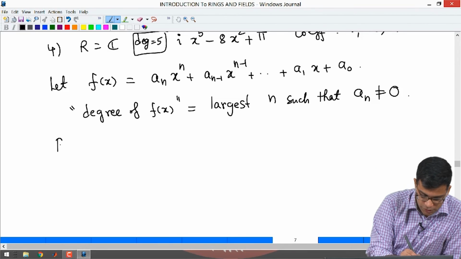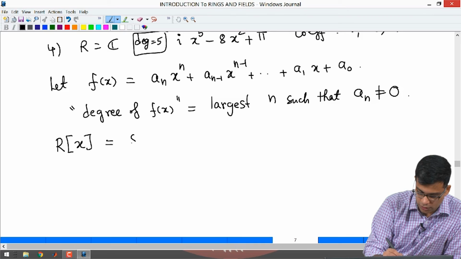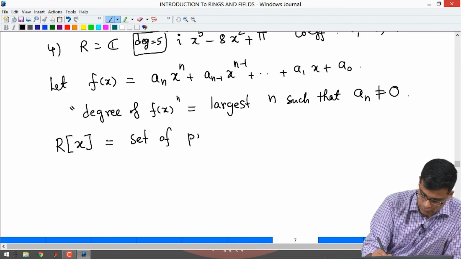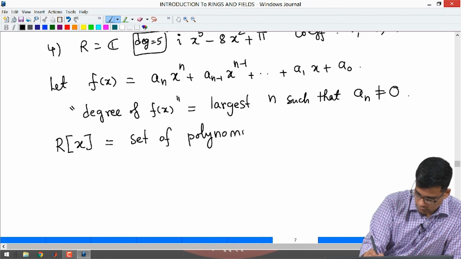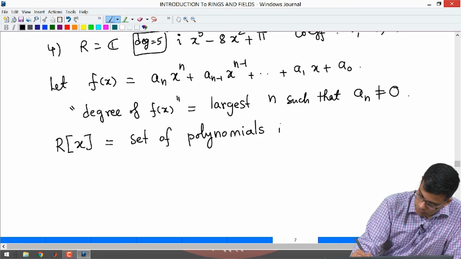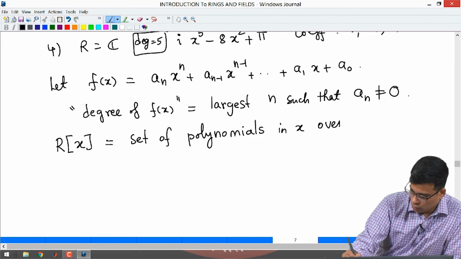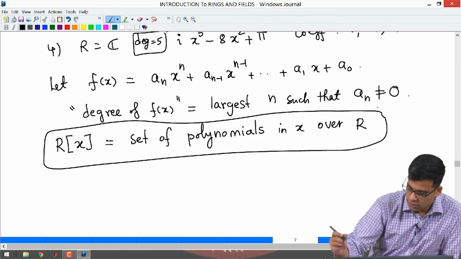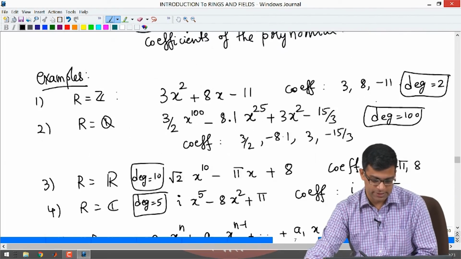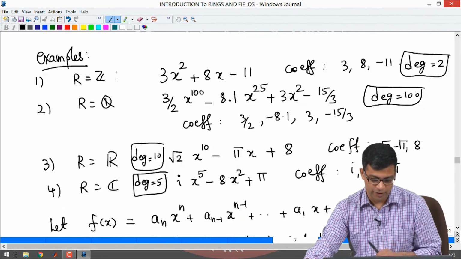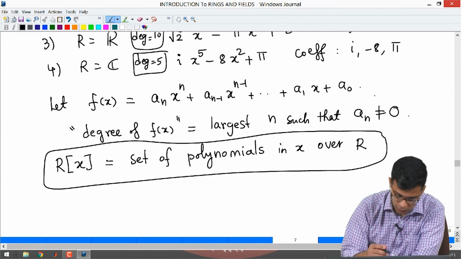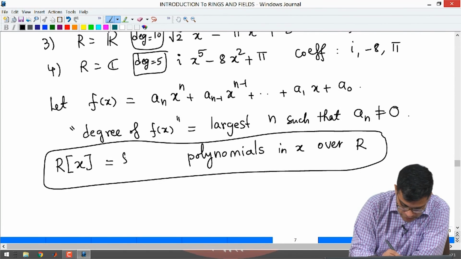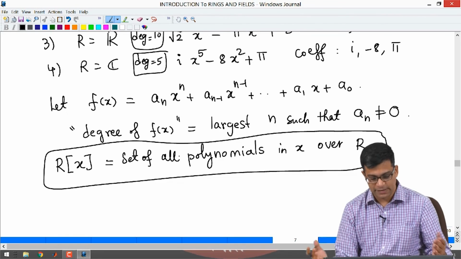Finally, I want to introduce this notation: R square bracket x stands for the set of polynomials in x over R. So, this is the important set for us. It is the set of all polynomials in the variable x over R. Let me emphasize that, set of all: you take all degrees, all coefficients.